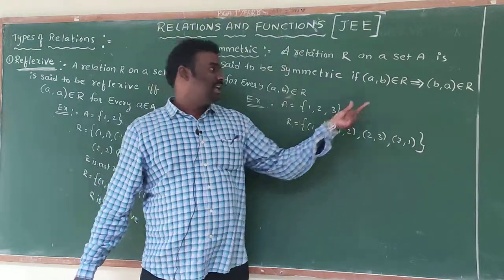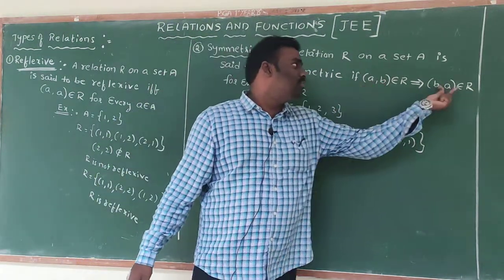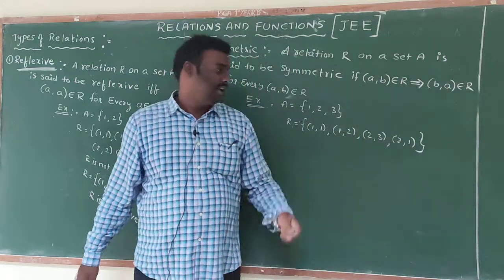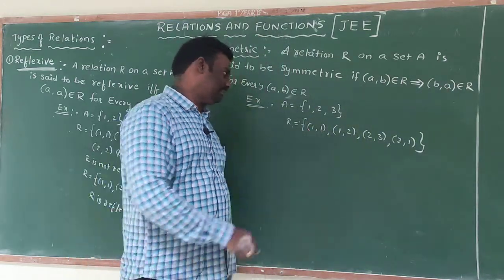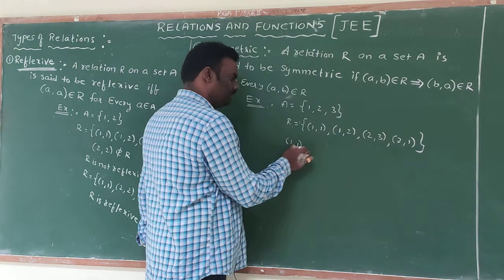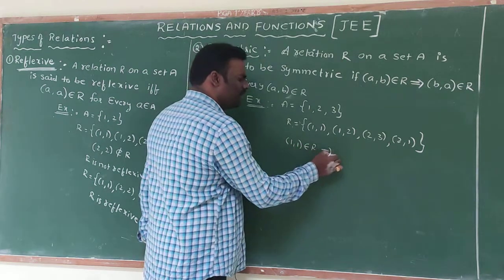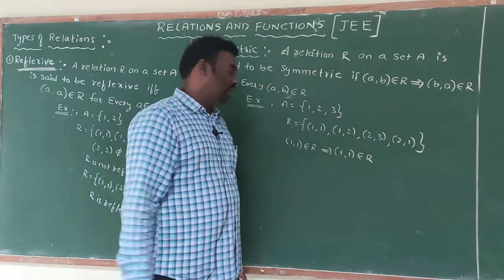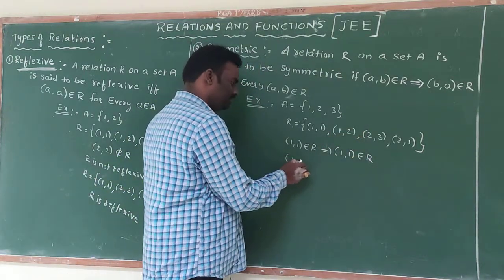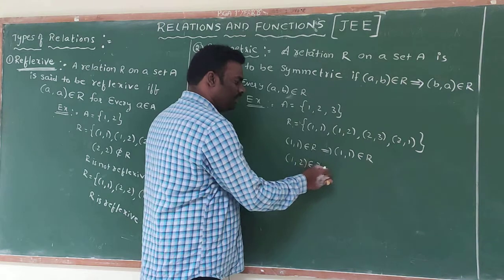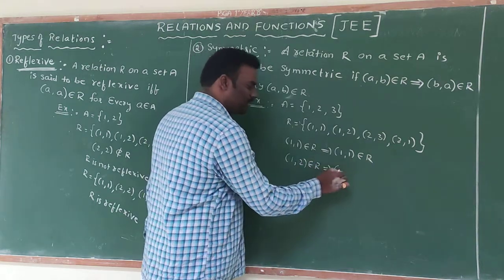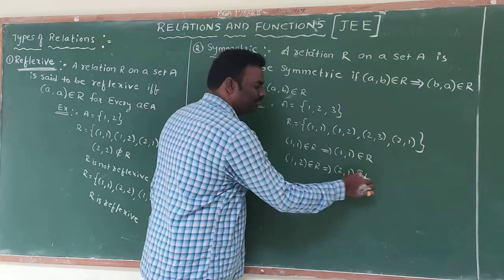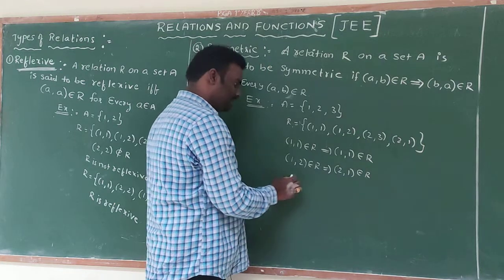What is symmetric? If you take (A, B), we need to prove for (B, A) also. If I take (1,1), what is the reverse of (1,1)? (1,1) only. If you take (1,2), what is the reverse of (1,2)? (2,1). Next I am taking (2,3).